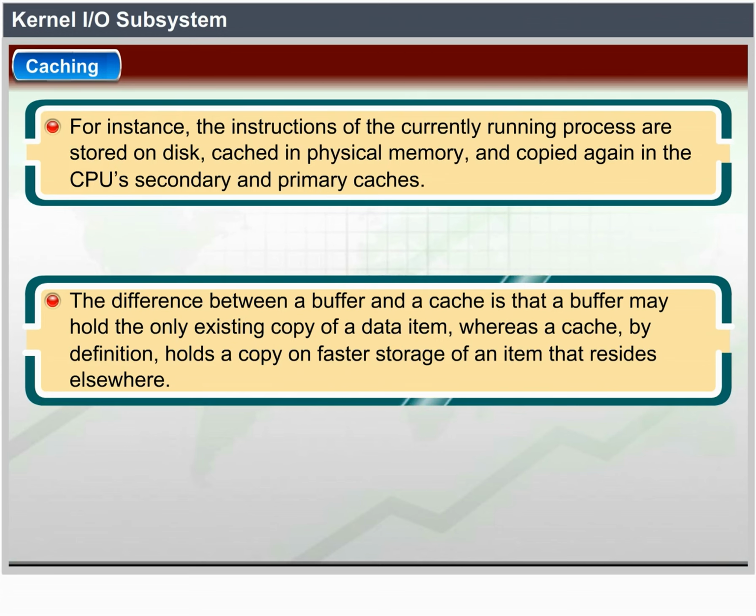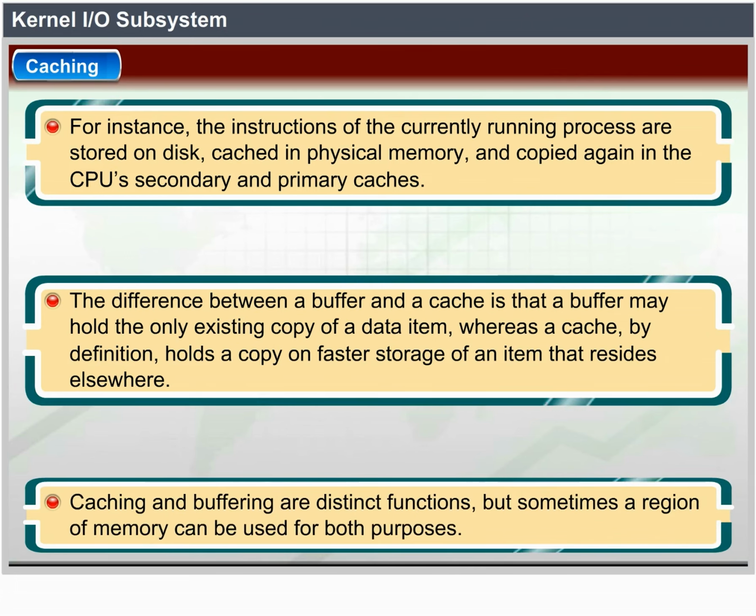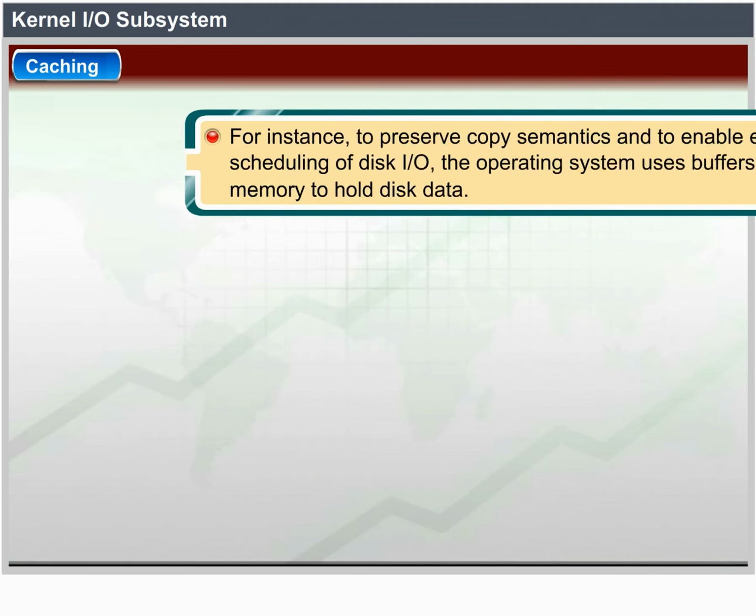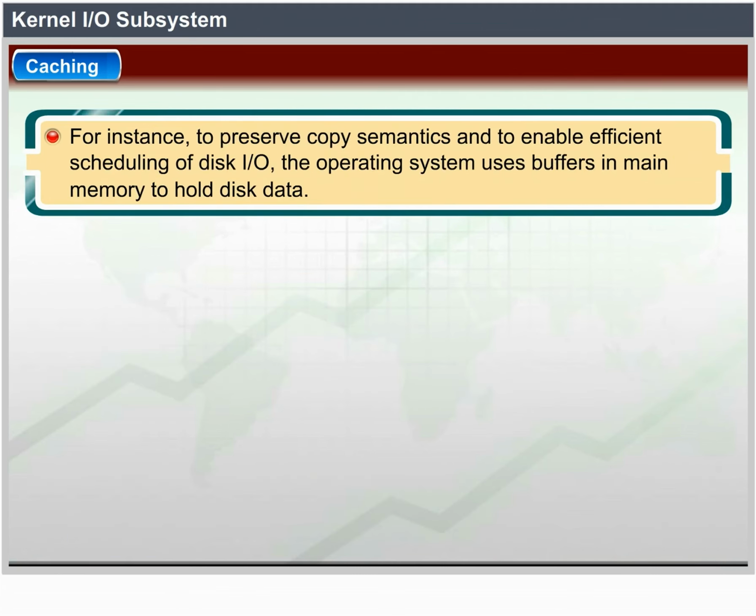Caching and buffering are distinct functions, but sometimes a region of memory can be used for both purposes. For instance, to preserve copy semantics and to enable efficient scheduling of the disk input-output, the operating system uses buffers in main memory to hold disk data.